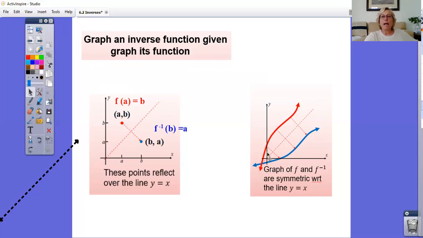Over here, my original is red, and the inverse is blue. Now, graphically, the original function and the inverse are symmetric about the line y equals x. Okay? The red original and the blue inverse are symmetric with respect to y equals x.